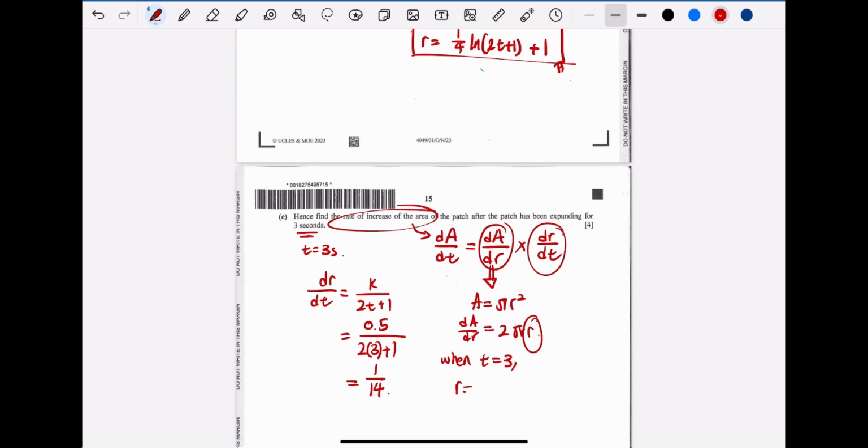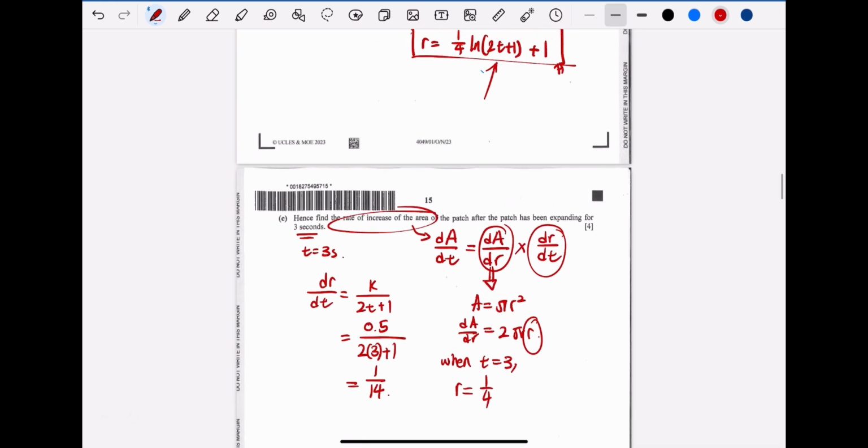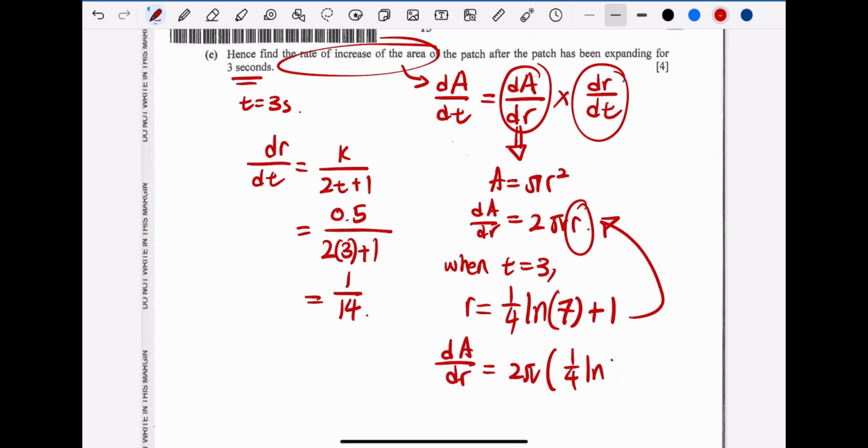When time equals 3, our radius is, I'm just going to sub the 3 in here, 1/4 ln(7) plus 1. All I need to do after I have this radius is sub it into my dA/dr.